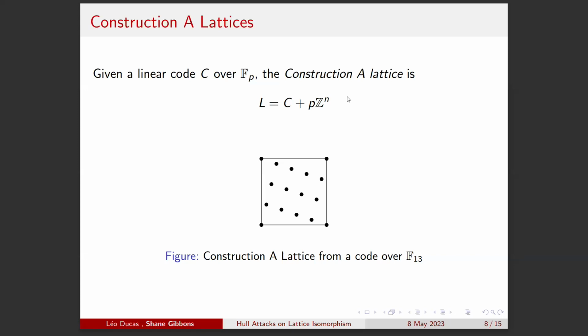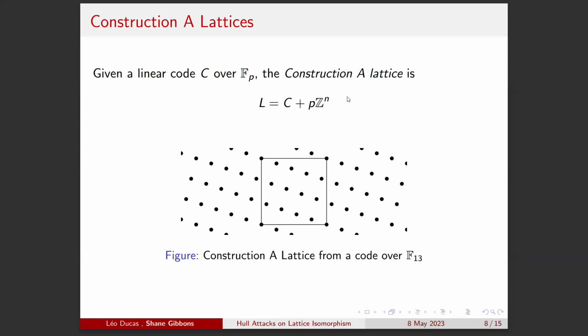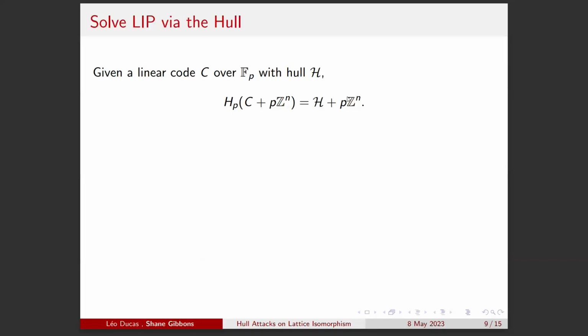Here, just write your code as a set of integers, and you can imagine it, in this example, as included in the box of side length 13 with integer values. The lattice generated by this is simply a matter of repeating this box in every direction infinitely many times. And this lattice has a nice basis and everything that we can work with.